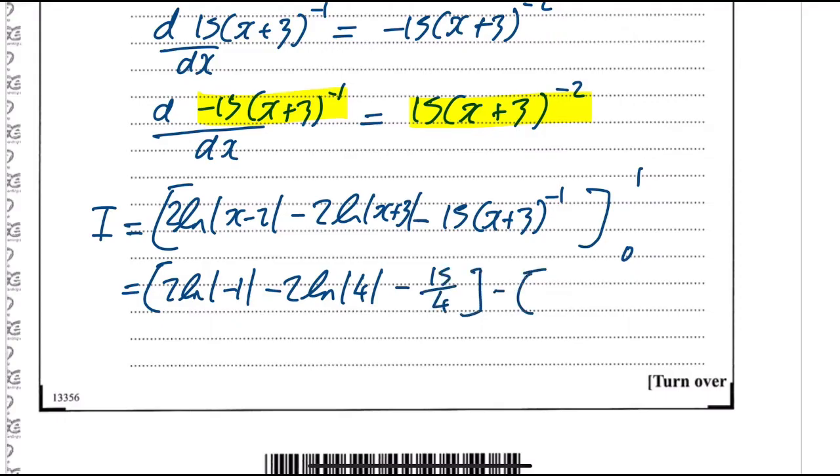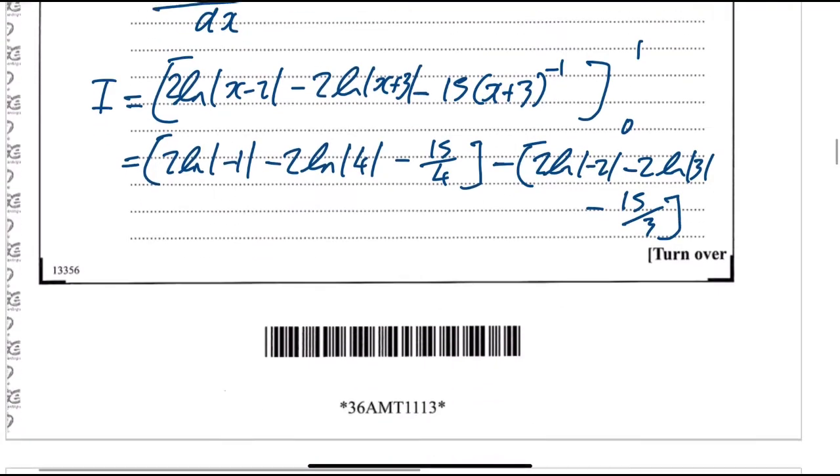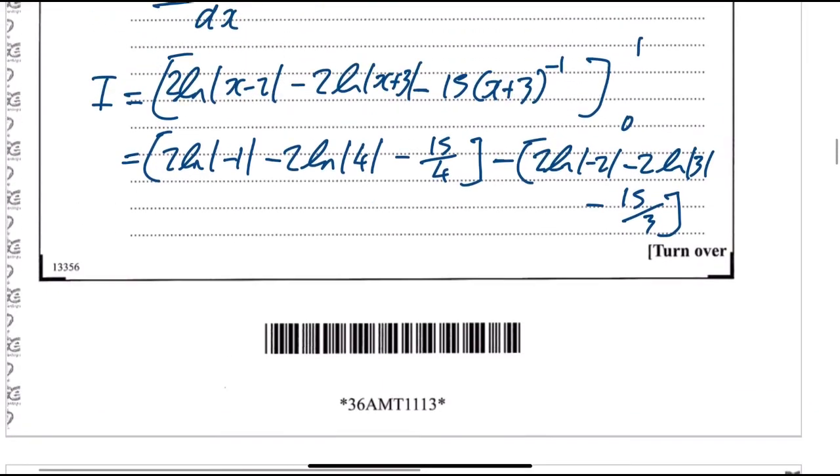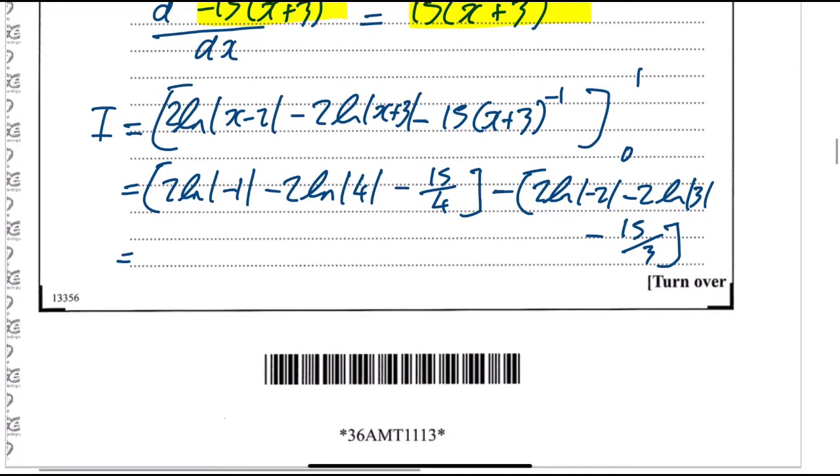My second bracket, so putting in the 0, that's going to be 2 ln of modulus of minus 2, minus 2 ln of 3, and then minus 15 over 3, sorry for squeezing that in. And then, let's see if I can just tidy this up a wee bit.